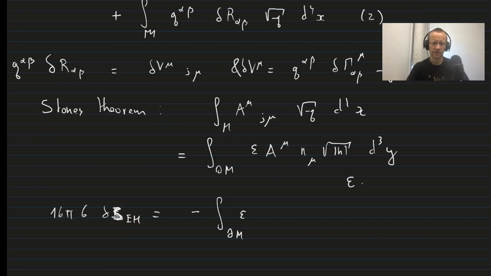Epsilon is nothing but the sign of the vector n, which could be time-like or space-like. We have coordinates y on the boundary.